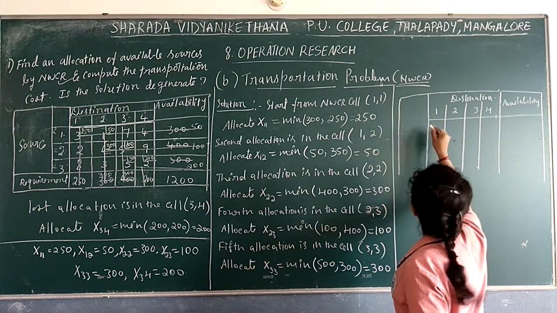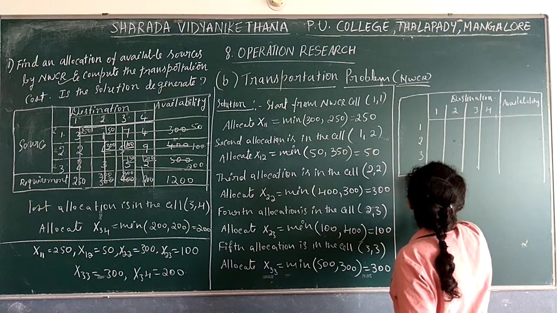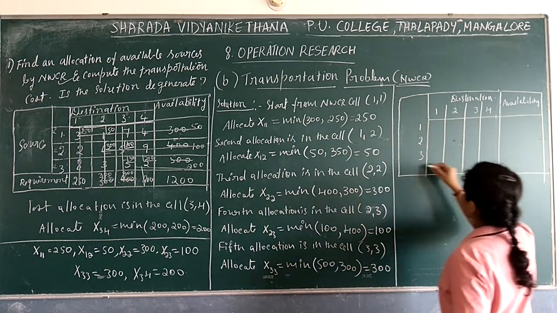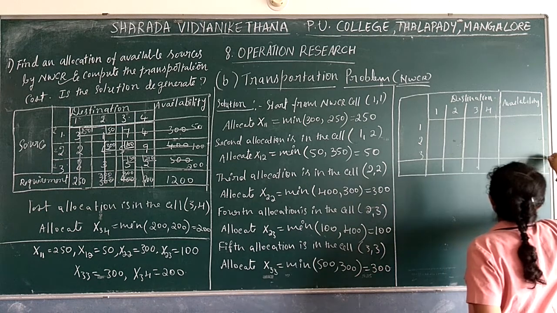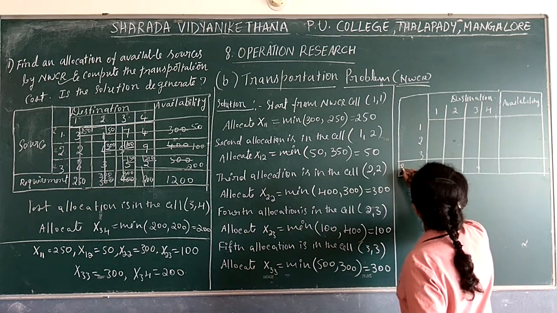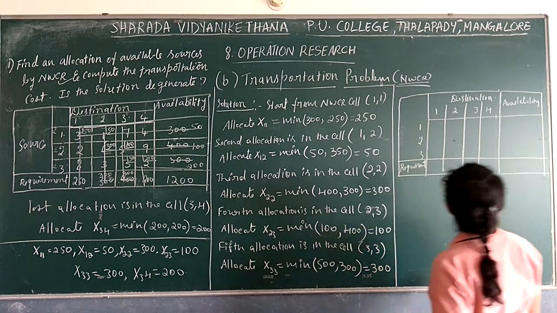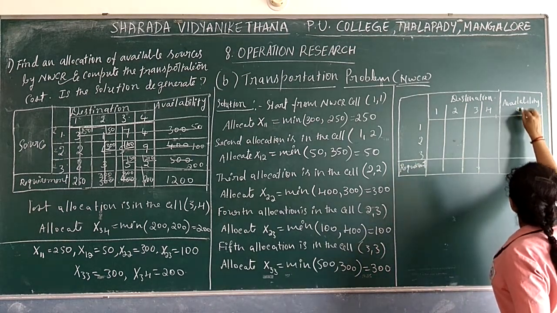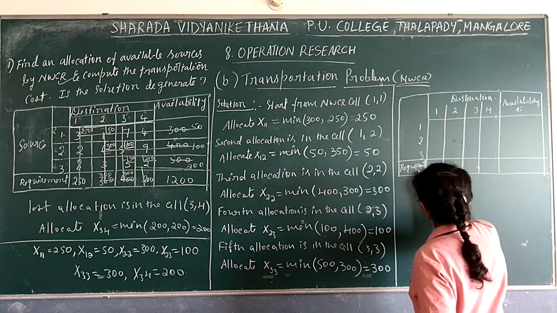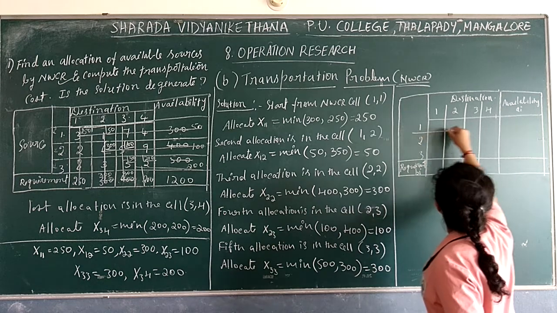How many sources are there? 3 sources: 1, 2, 3. Here requirement. Availability we present as ai, requirement as bj.